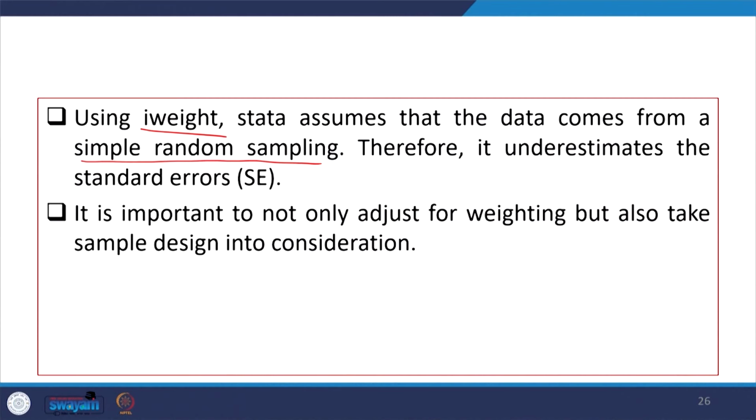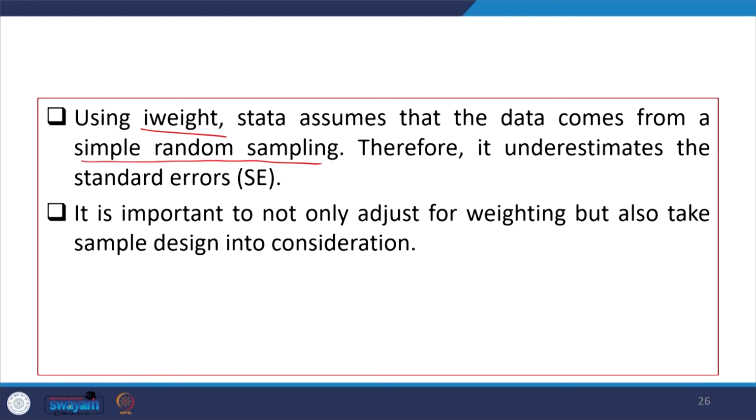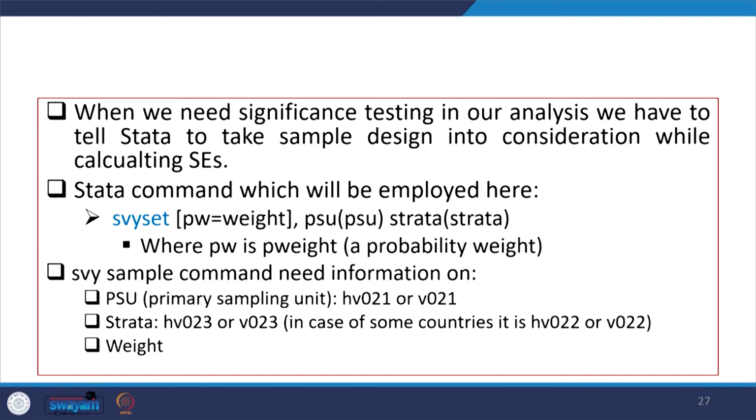It is important to not only adjust for weighting, but also take the sample design into consideration. It is not just simple random sampling; there are lots of designs, lots of stratification, lots of complex sampling procedures.